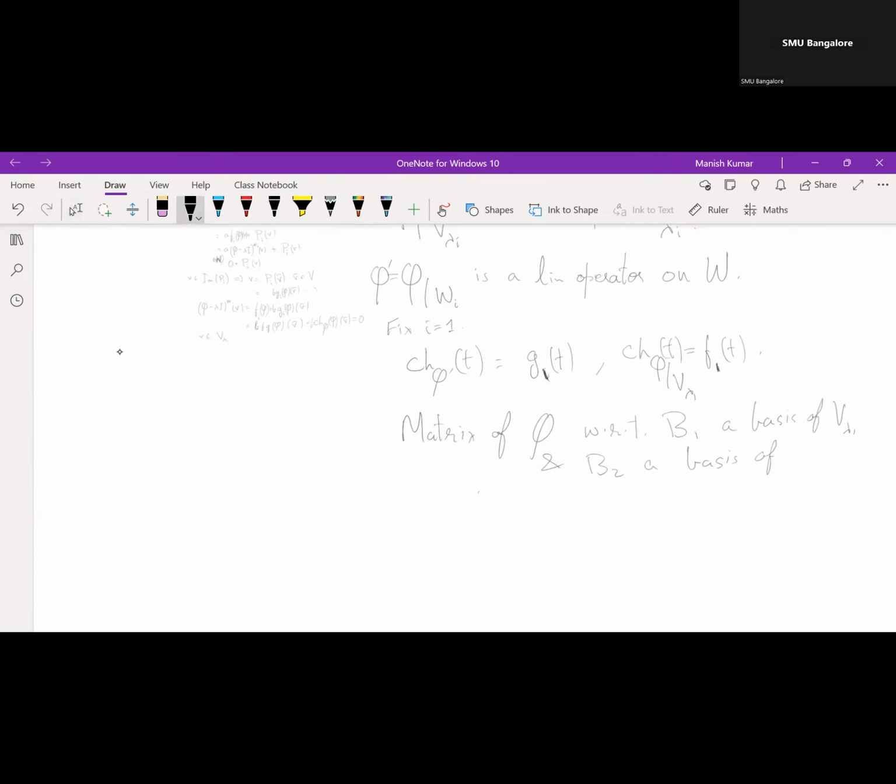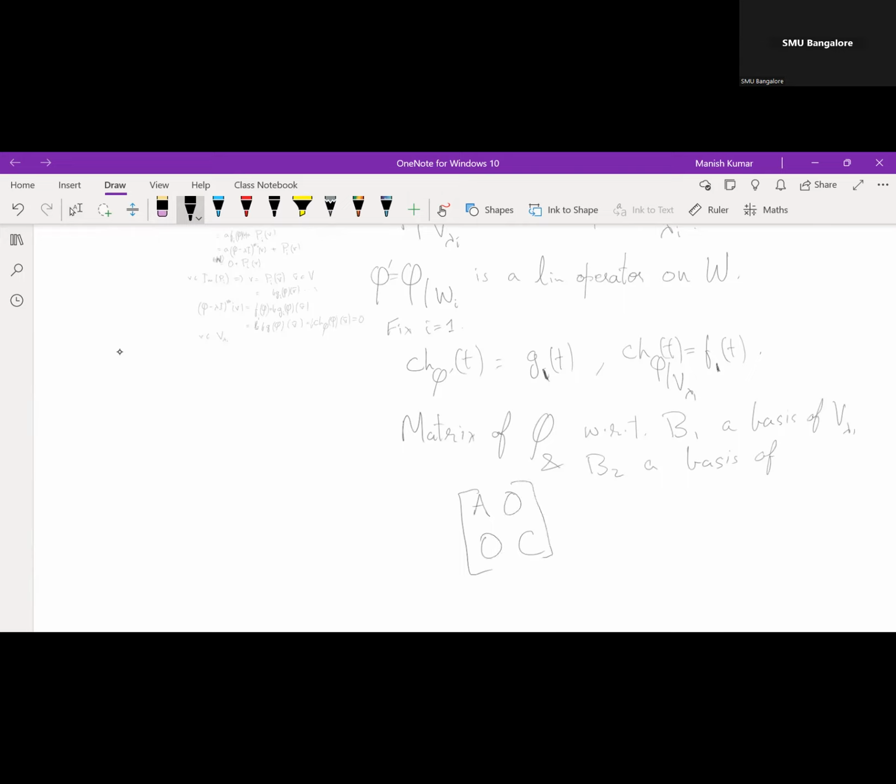So phi is going to be some matrix, and let's call these A and C. B is for basis.